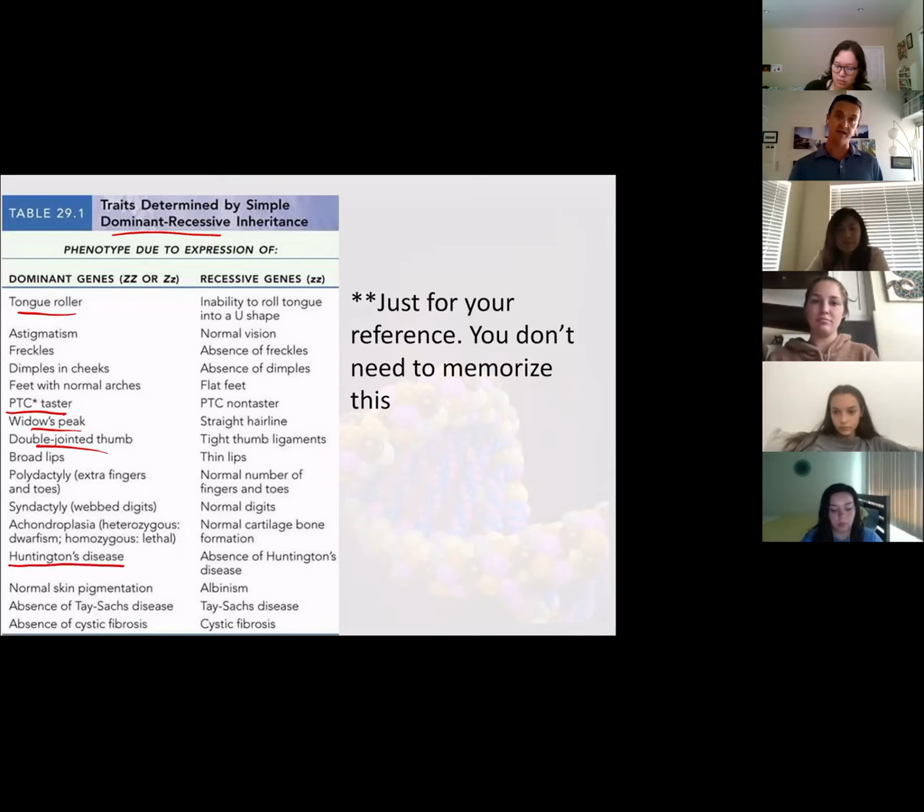Couple here. Huntington's disease is an example of a fatal dominant trait. Okay, and that disease doesn't really manifest itself until at least the 20s, sometimes early to mid 20s. Most dominant fatal diseases don't usually last that long, because if the person dies, then obviously they don't typically produce an offspring.